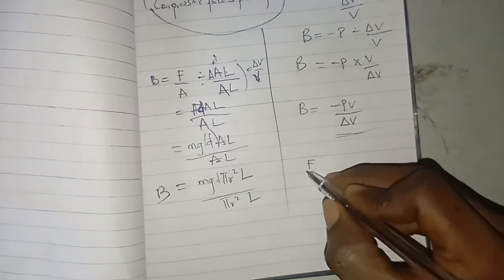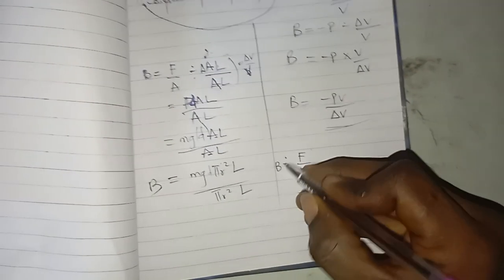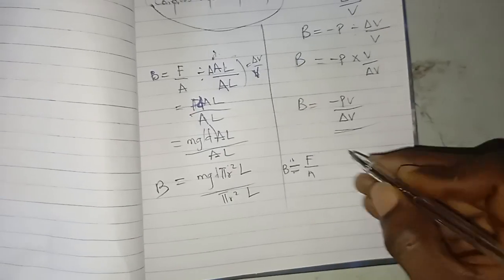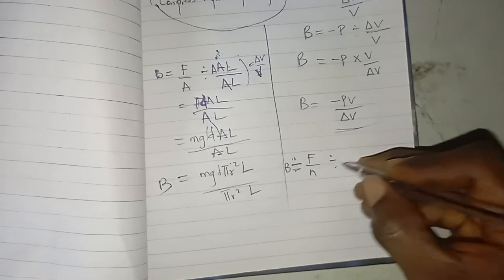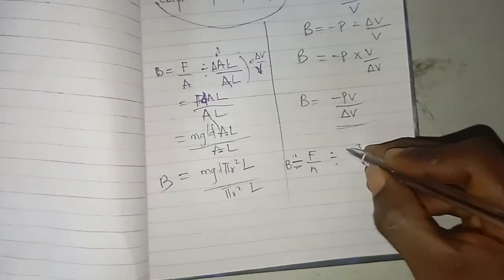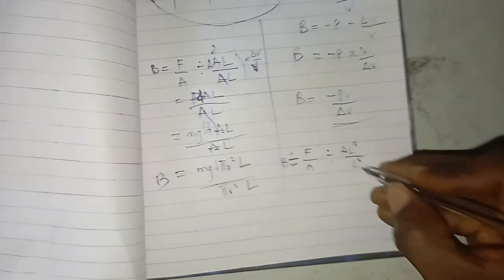Assuming I did not change it this way, I can even have this to be the same thing as F over area, that is B equals F over area, then divided by L cube, changing L cube, all over L cube.